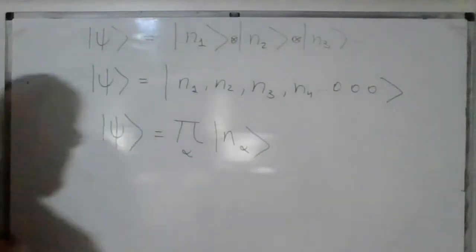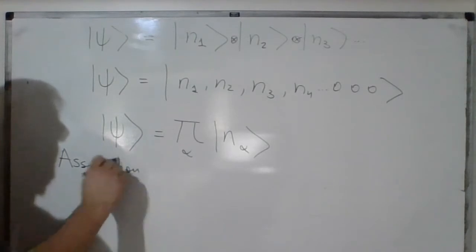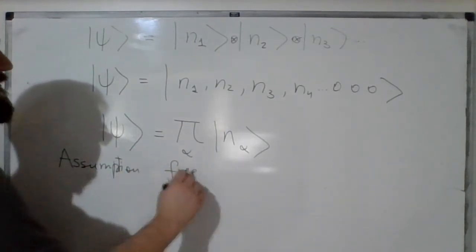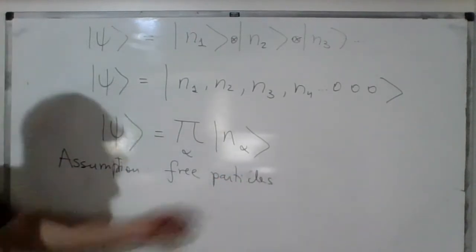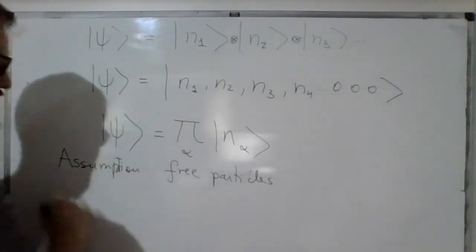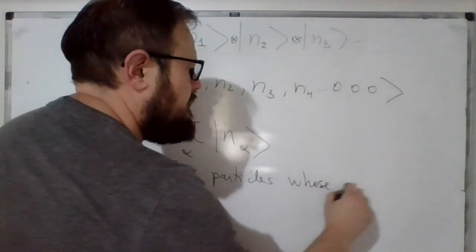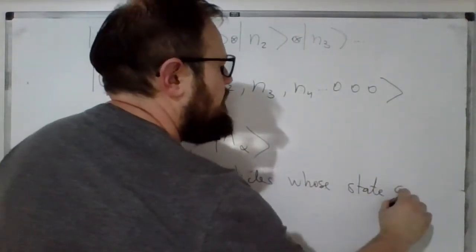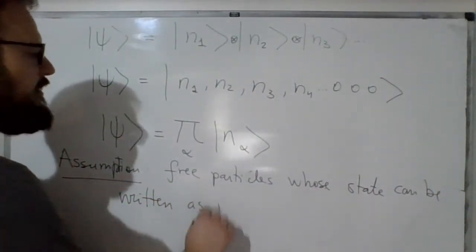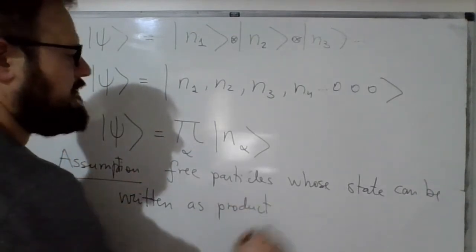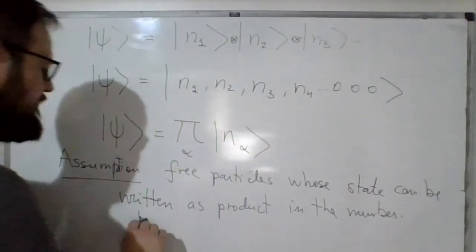The assumption here is free particles, or free fields in second quantized notation, whose state can be written as a product in the number representation.